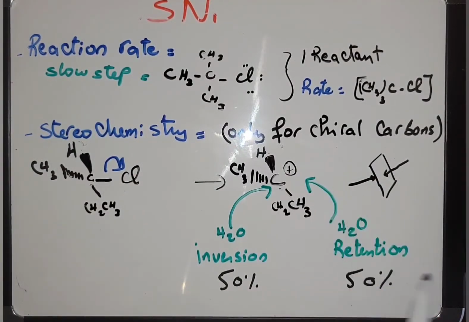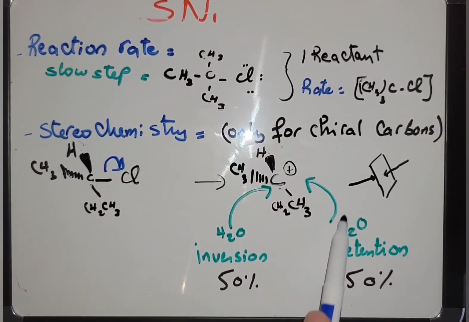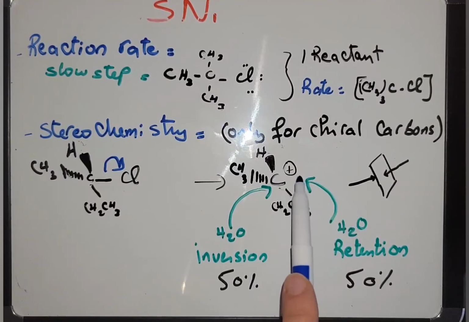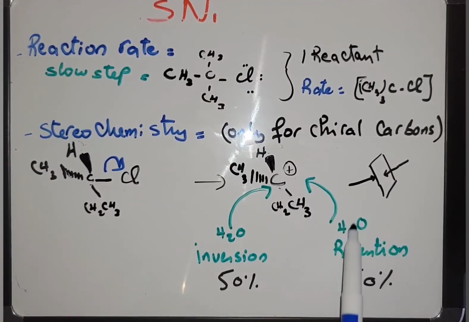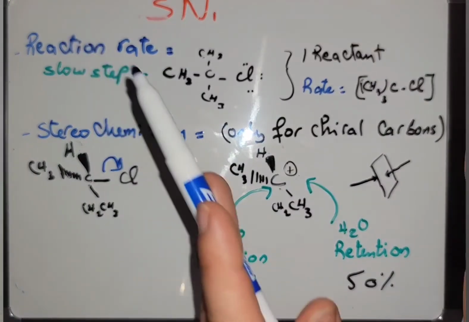The nucleophile, which is the H2O for an SN1 reaction, can attack the carbocation from this side or from this side, because it's not blocked by something here or here. We have 2 groups and 1 group on the bottom, so we have 2 possibilities.